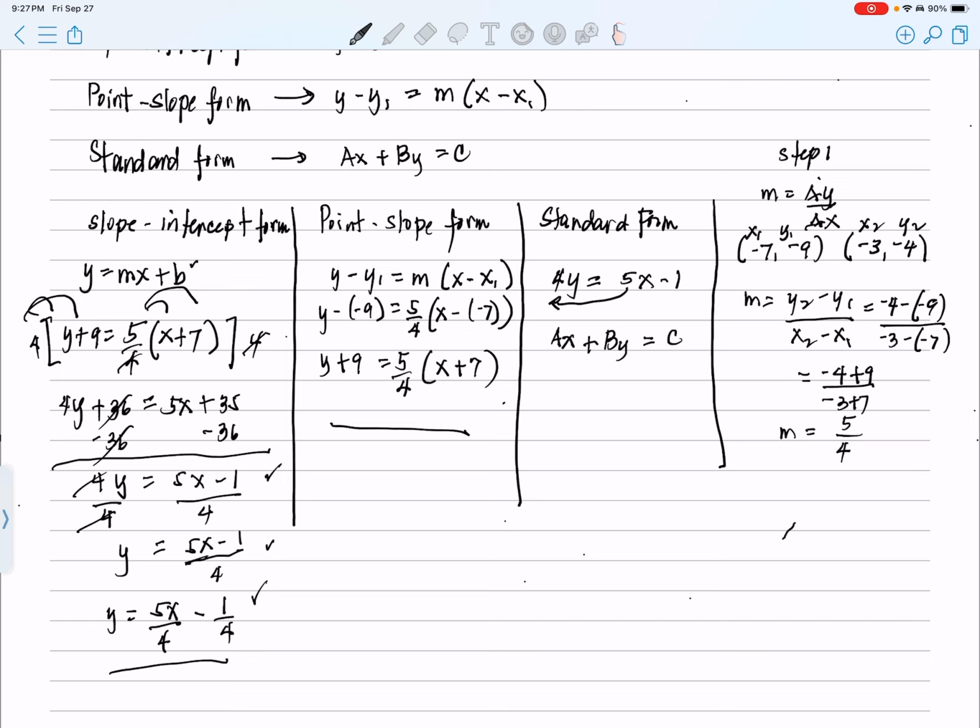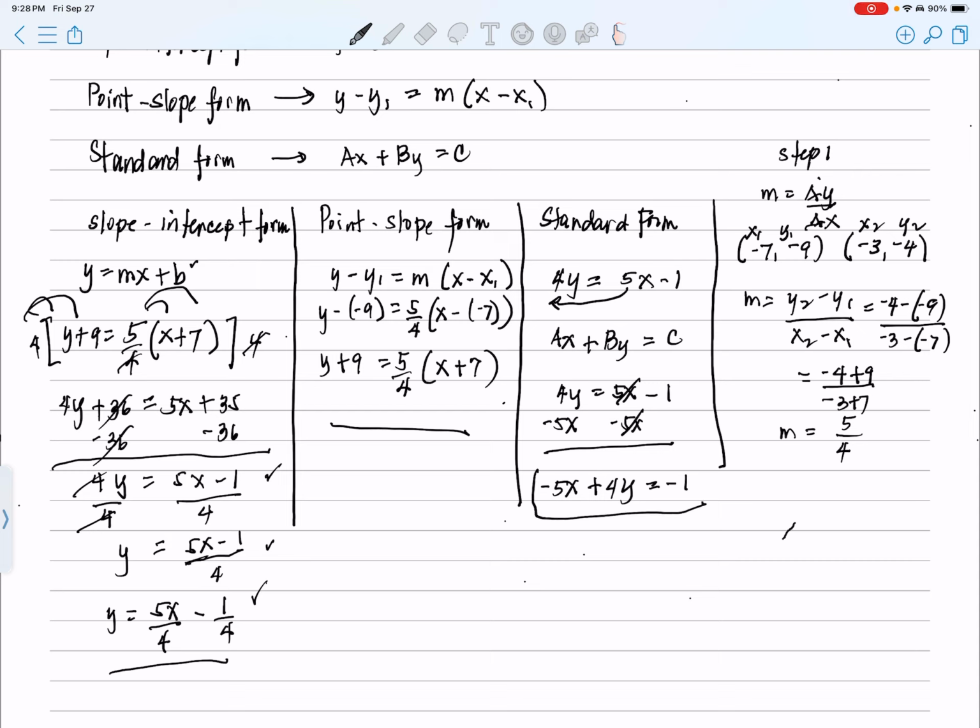So what we're going to do is to move 5x to the left by subtracting 5x on both sides. Right? So we have a negative 5x plus 4y equals negative 1.